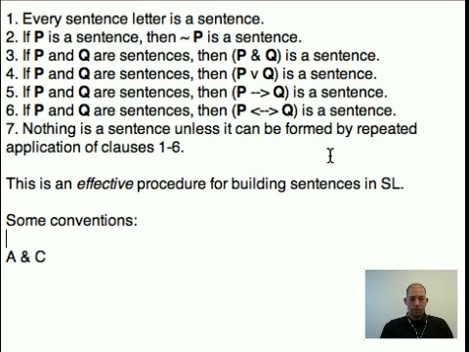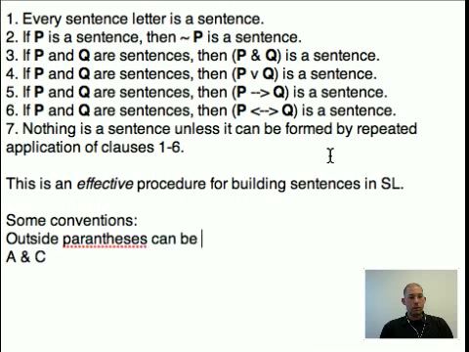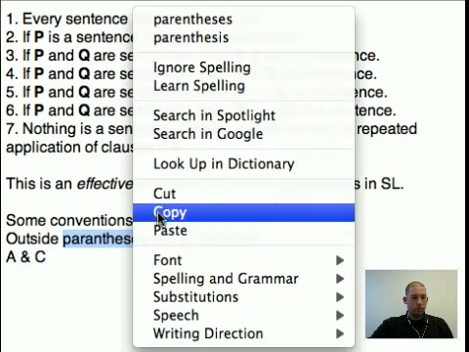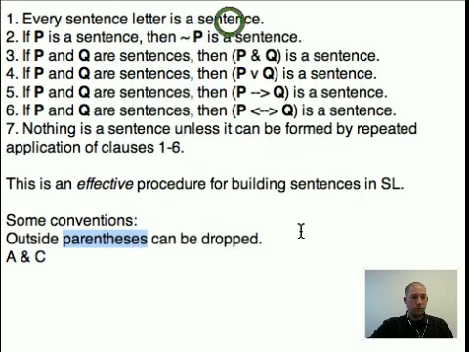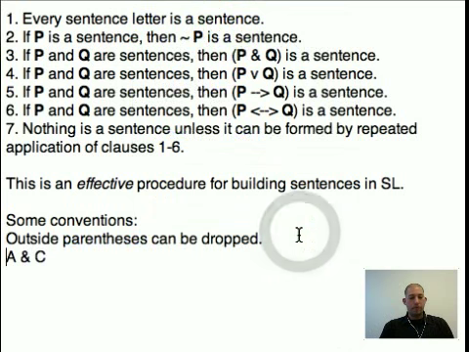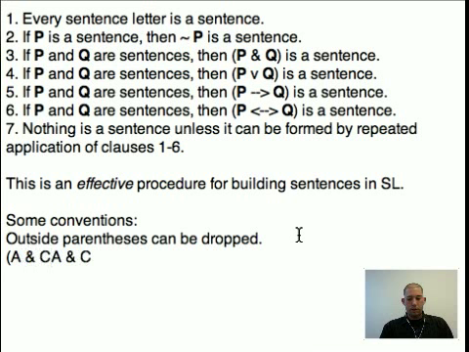So outside parentheses can be dropped. You can go from "(A & C)" to "A & C". I should put these quote marks in here because I'm actually mentioning these sentences. So that's one example.